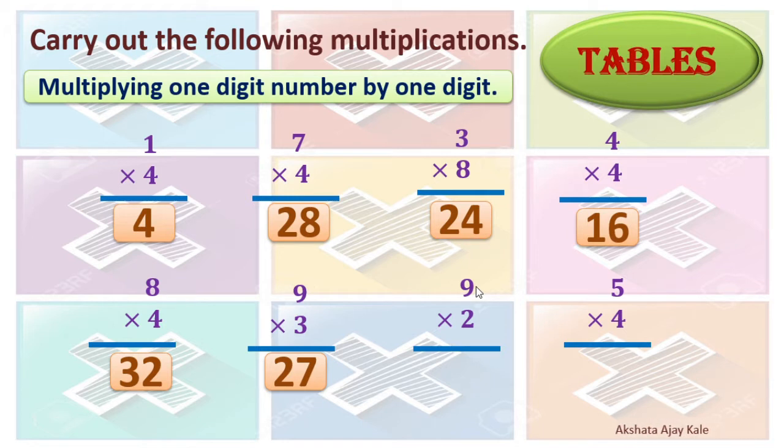Next is 9 2 za, that is nothing but 18. 5 4 za, yes, 20. Very good. Now you are familiar with this type of multiplication, that is multiplying one digit number by one digit number, isn't it? Okay. Now we will move further.